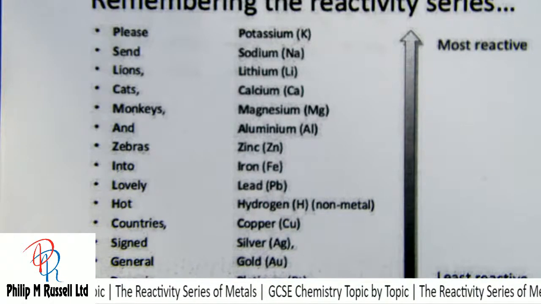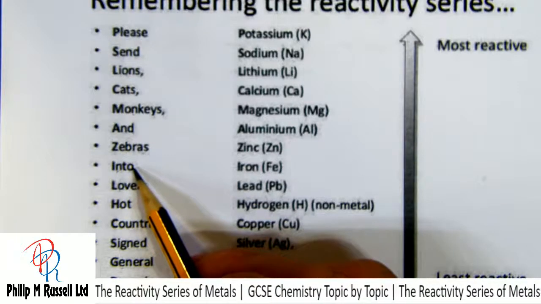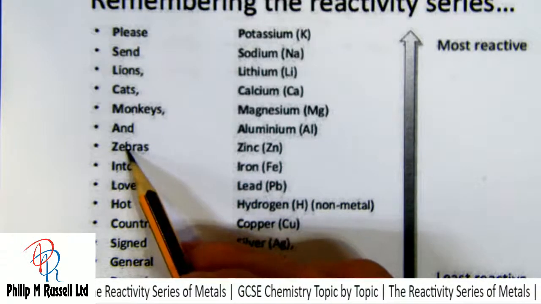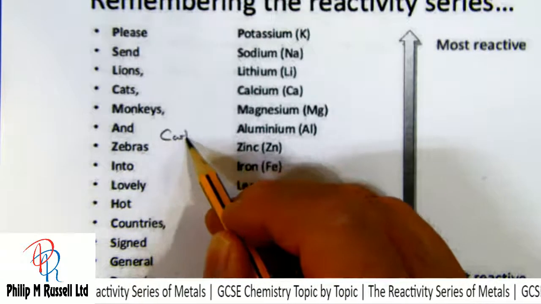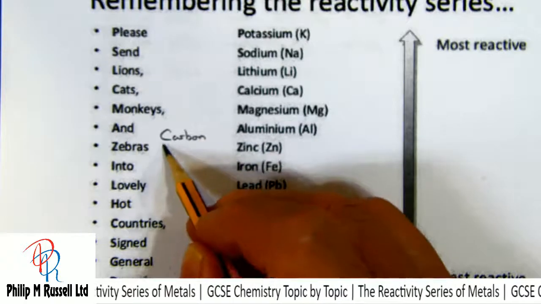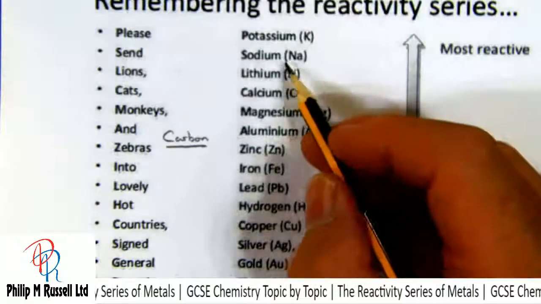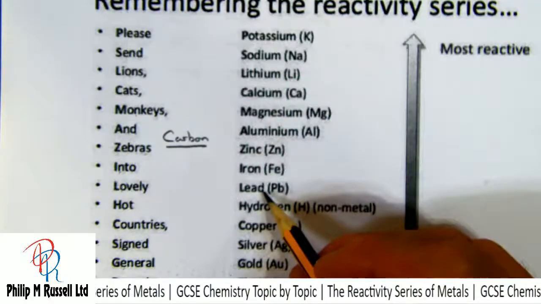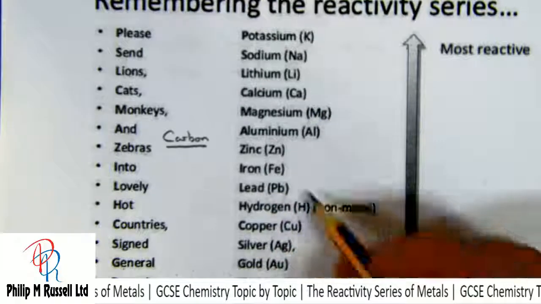And we know that carbon is more reactive than iron, just slightly more reactive than zinc. So I could put in here carbon, and we can use carbon in the reactivity series because we use the more reactive with the less reactive to extract these things.